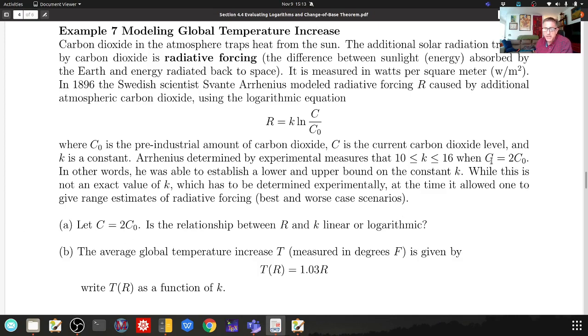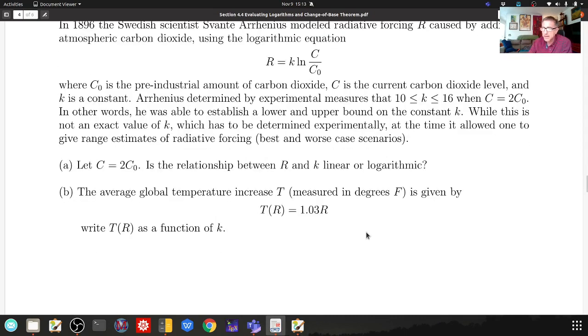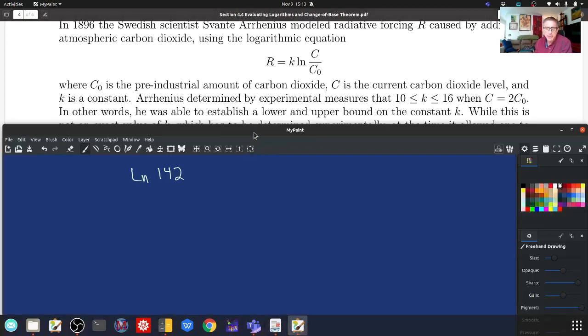And we're assuming that the value of C is 2 times C naught. In other words, let C be equal to 2 C naught. Is the relationship between R and K linear or logarithmic? So let's do that right now. You think, how am I going to answer that question?